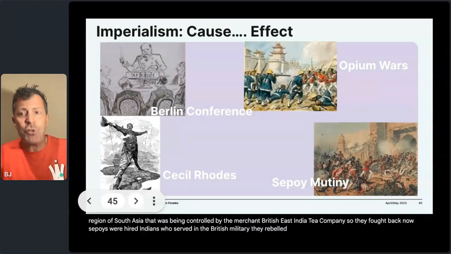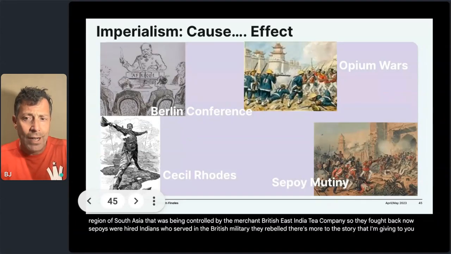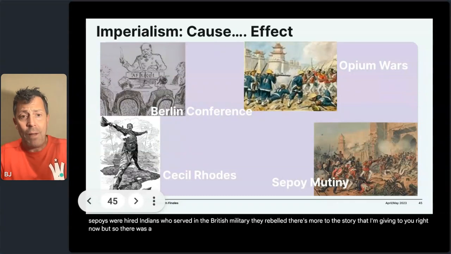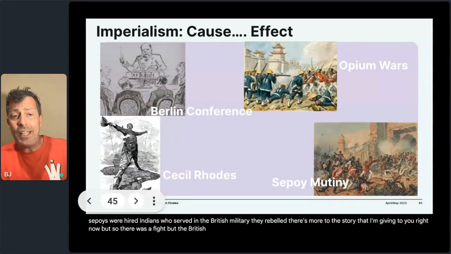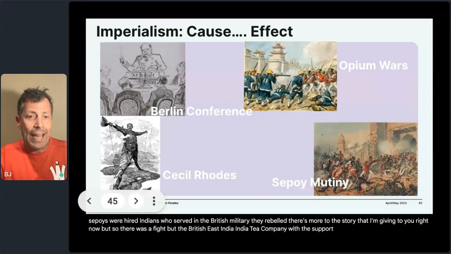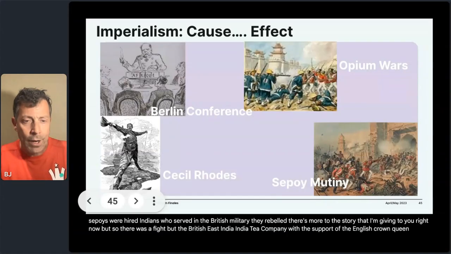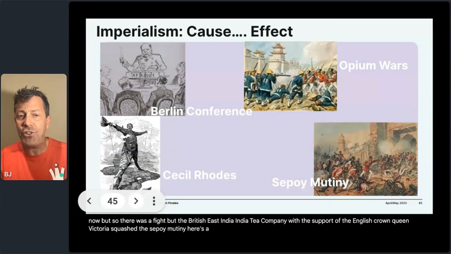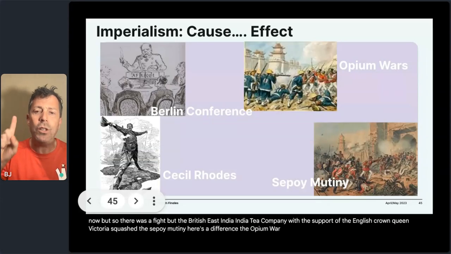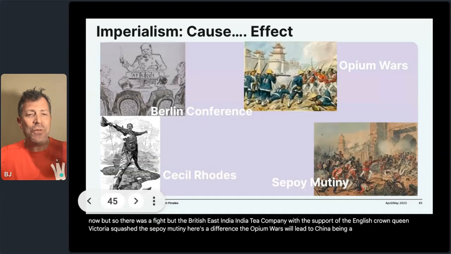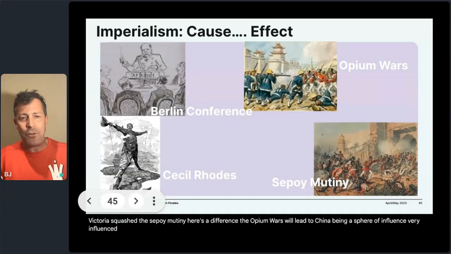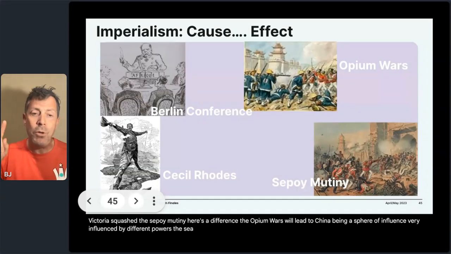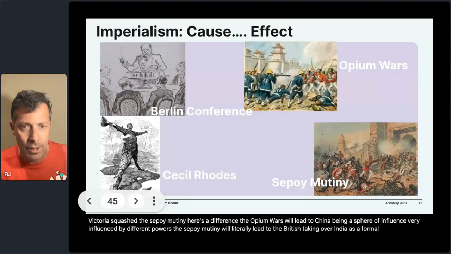They rebelled. There's more to the story than I'm giving to you right now, but there was a fight. But the British East India Tea Company, with the support of the English Crown, Queen Victoria, squashed the Sepoy Mutiny. Here's a difference. The Opium Wars will lead to China being a sphere of influence, very influenced by different powers. The Sepoy Mutiny will literally lead to the British taking over India as a formal colony.